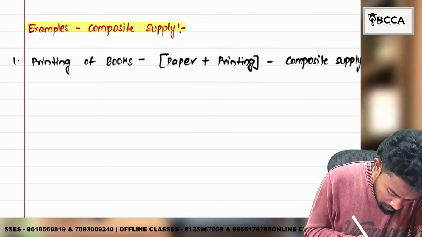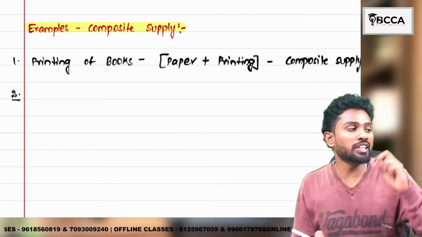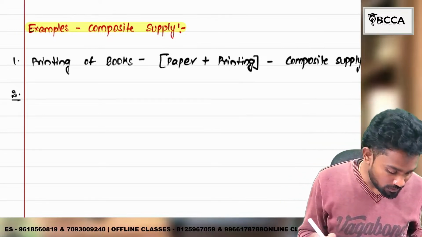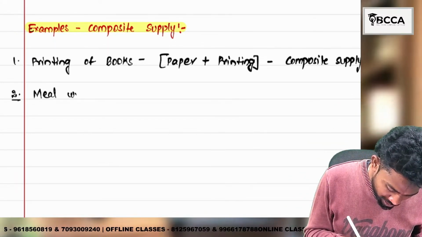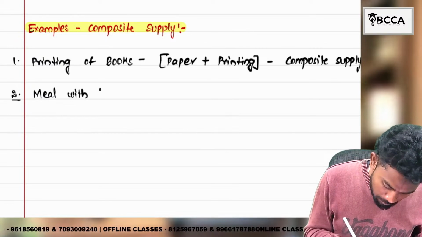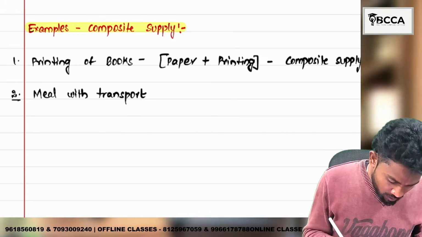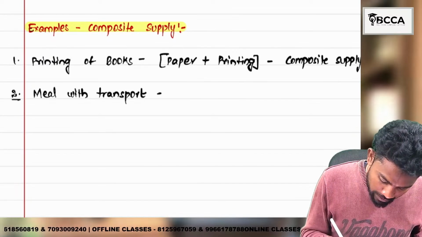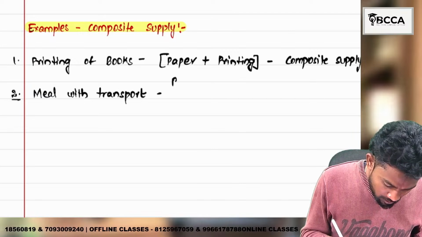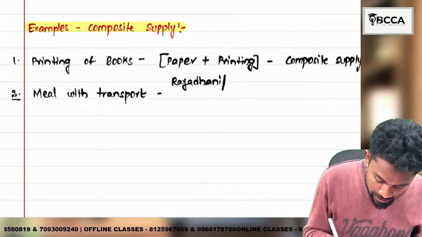Then second one, providing transportation, and during the transport even a meal is offered. Meal with transport. Okay, so examples: Rajdhani. Okay, these will be there in the exam also.